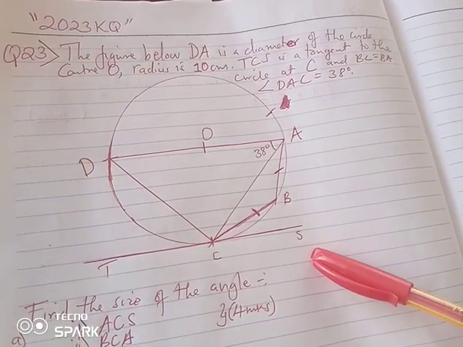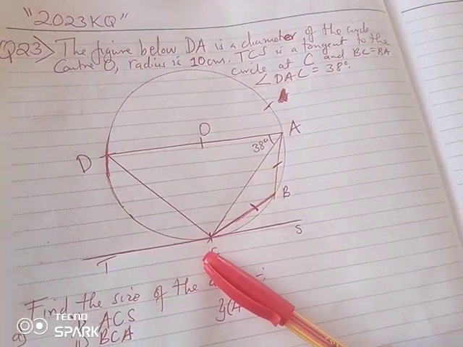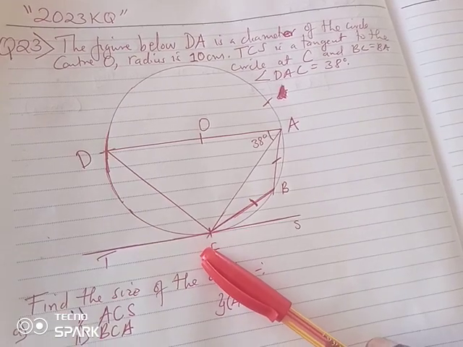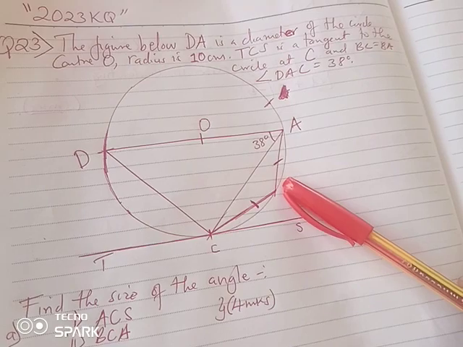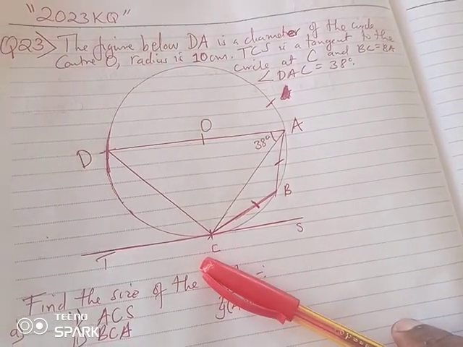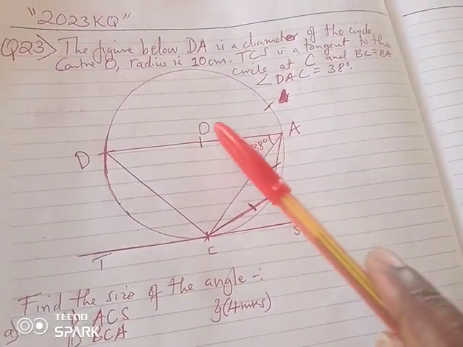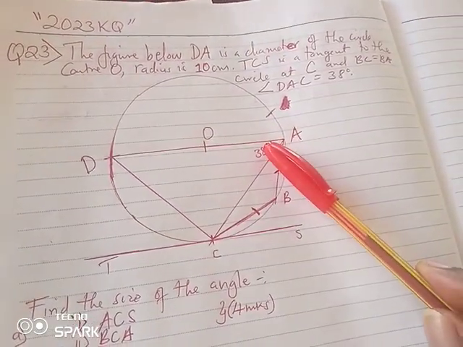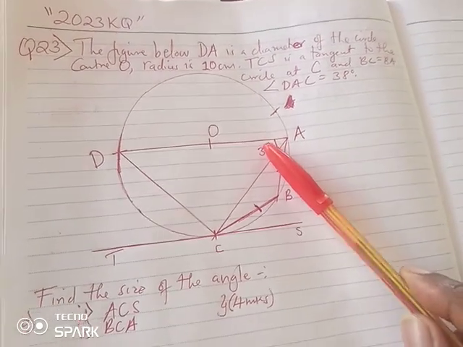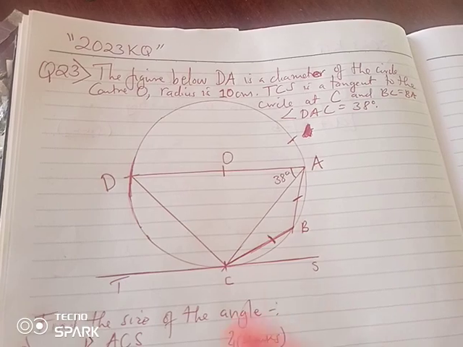Then TCS is a tangent to the circle at C. And more information, AB is equal to BC. Then angle DAC is 38 degrees.